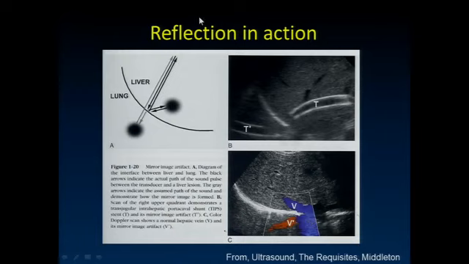But think about it. You're imaging the liver. Sound is coming in. As soon as it hits that liver-lung interface, we talked about the fact that all the sound gets reflected back. But this surface is curved a little bit, so some of this sound gets reflected over towards where this lesion might be located.